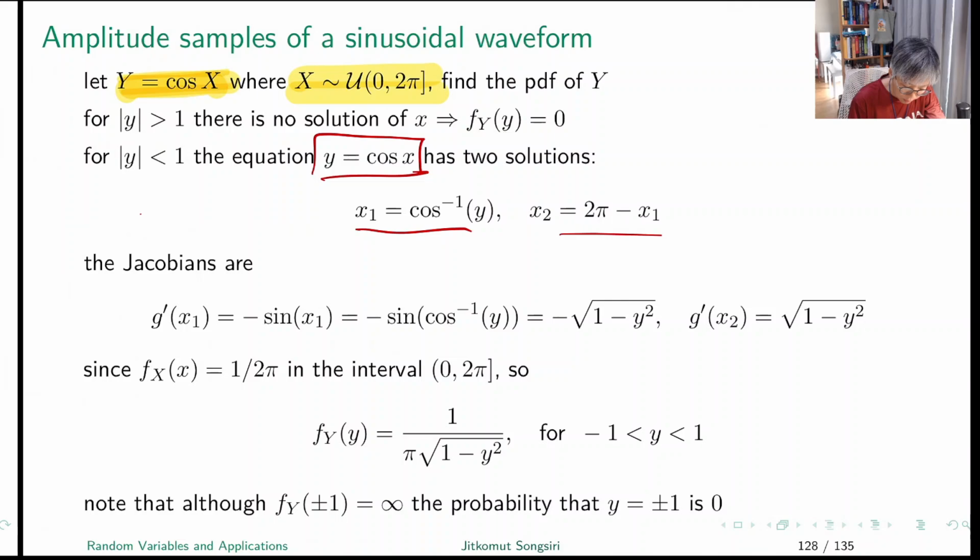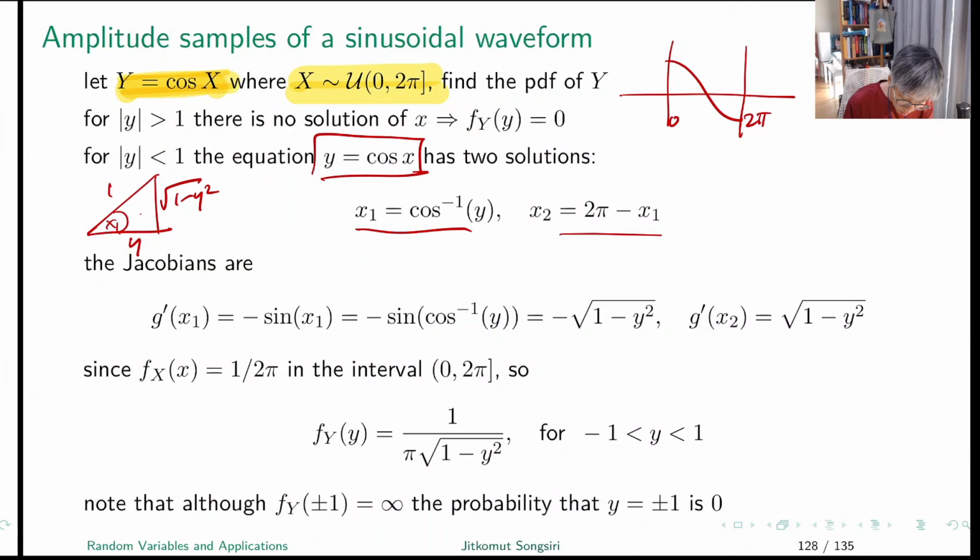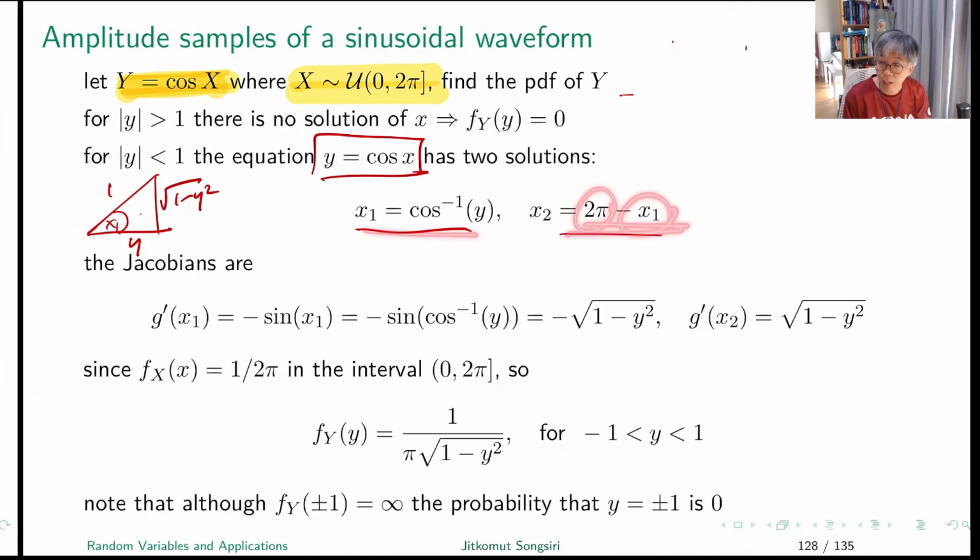You have two roots. The first root, x1, has the meaning of an angle. It is the arc cosine of y. And because when you take the inverse of cosine in the interval between 0 and 2 pi, you have two roots, the other root is 2 pi minus that angle.